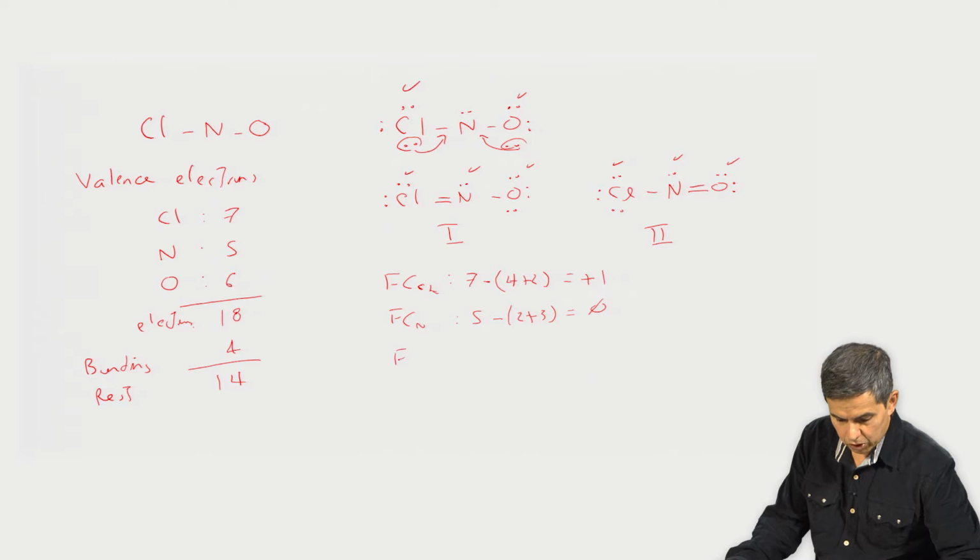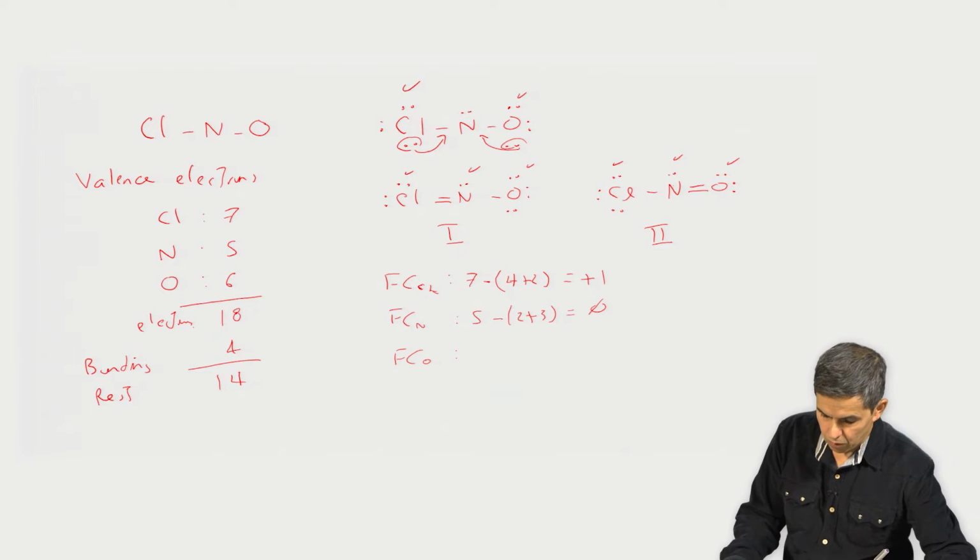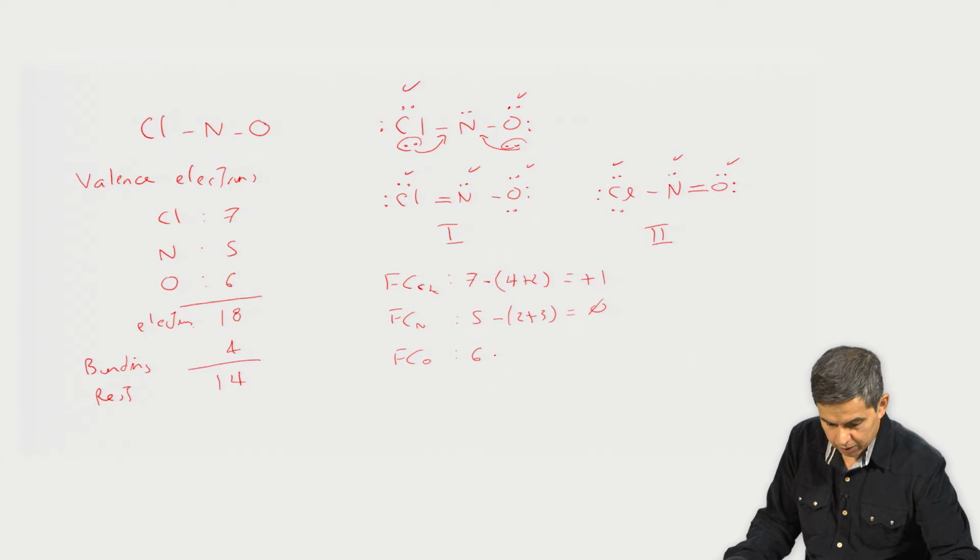And lastly, the formal charge of oxygen will correspond to 6 valence electrons minus those electrons that are non-bonding, which are 6, and the one that is being used by the single bond. The formal charge will be -1.